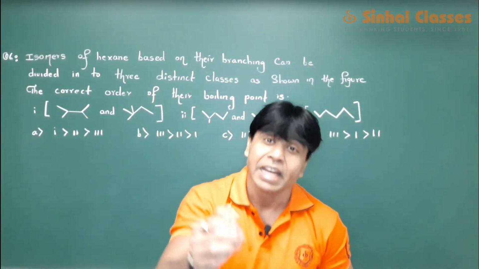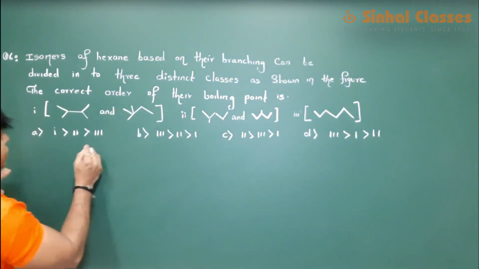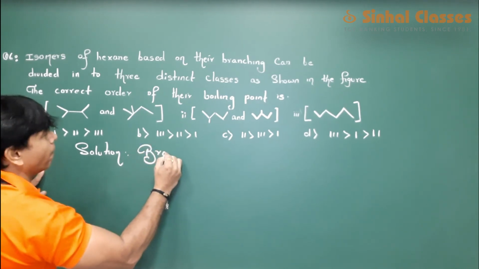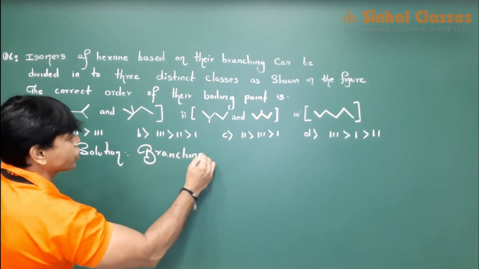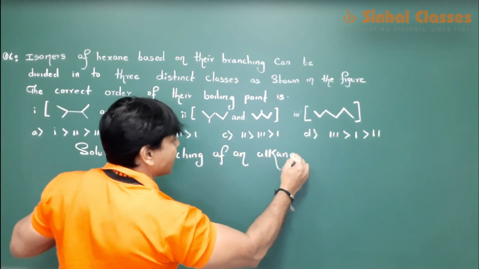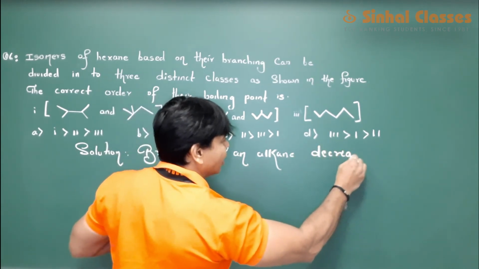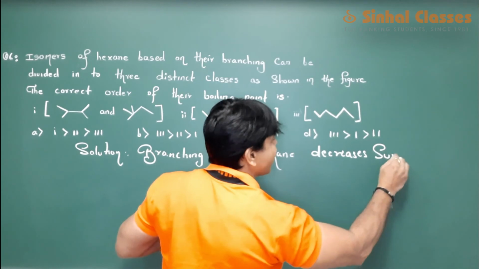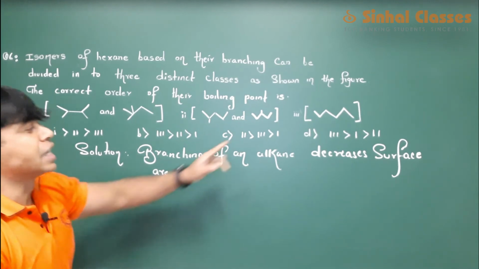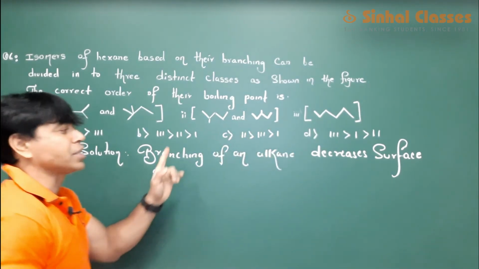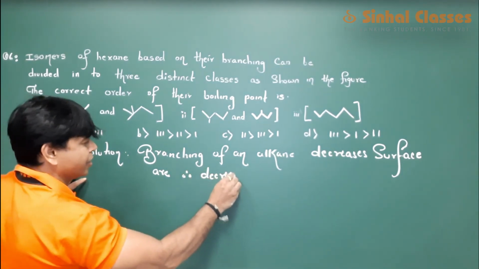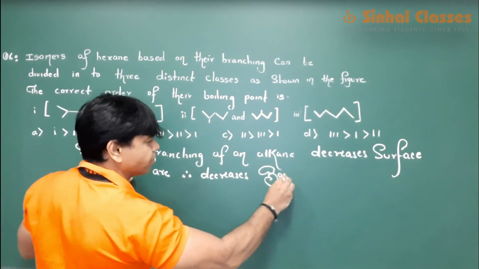So branching of an alkane decreases surface area. The more the branches, it will decrease the surface area, therefore decreases boiling point.